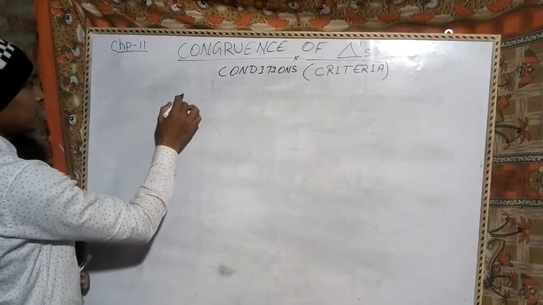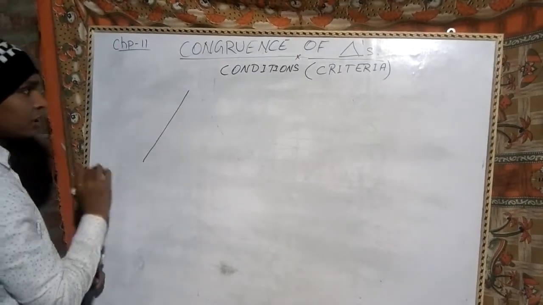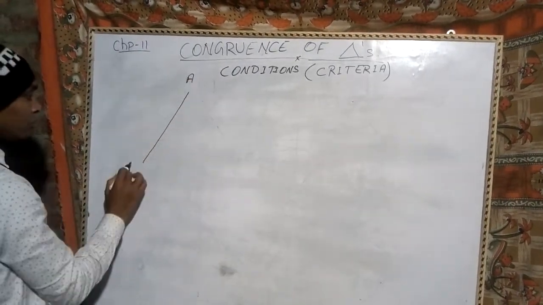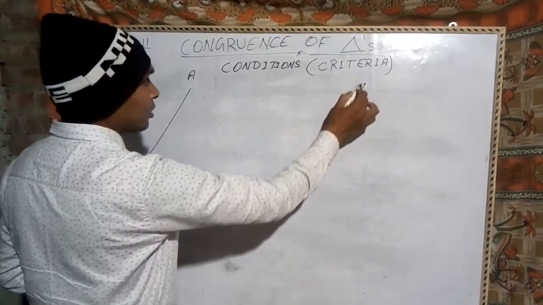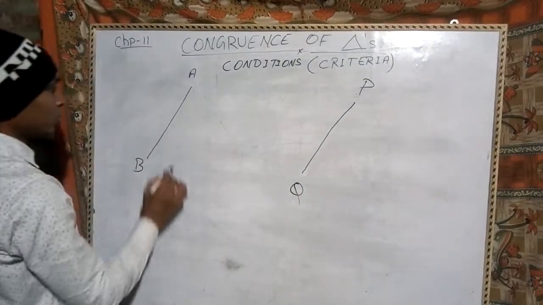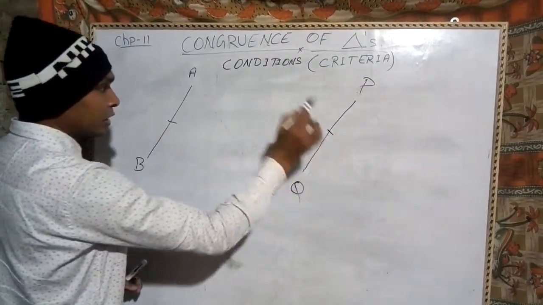Two triangles are there. Say this side of the triangle, AB, is equal to this side PQ. Both sides are equal.